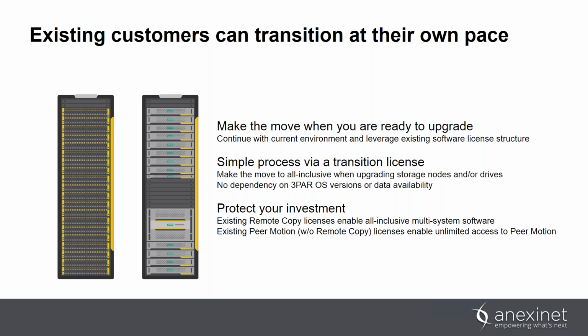And you're able to protect your initial investment, where existing remote copy licenses enable all-inclusive multi-system software licensing, and existing peer motion without remote copy licenses enable unlimited access to peer motion. So if you're a customer that doesn't have the all-encompassing licensing, feel free to reach out to me and we can go into a further explanation. It's really a simple changeover that can definitely provide further cost savings for you.